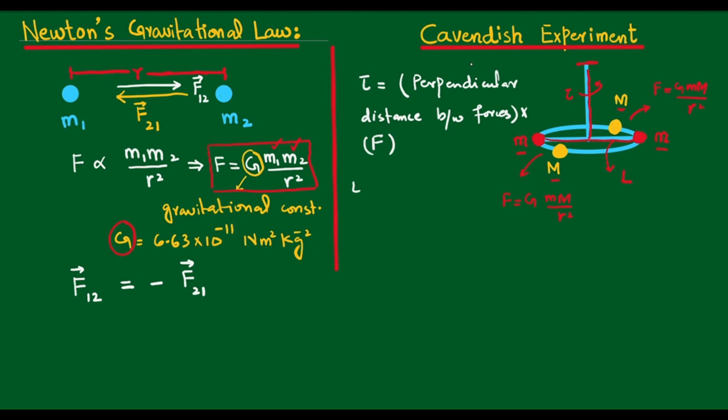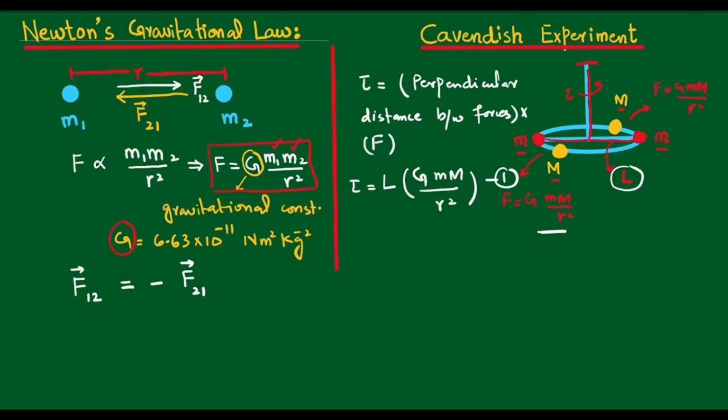The perpendicular distance between these two forces is capital L, the length of the massless rod, and the magnitude of force, as we discussed, is F equal to capital G small m capital M divided by r square. This is equation 1.